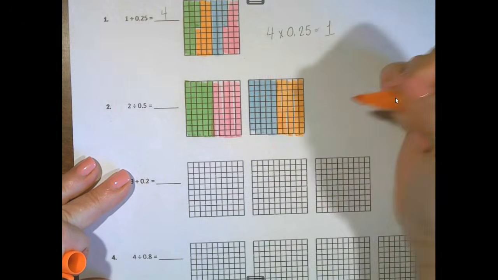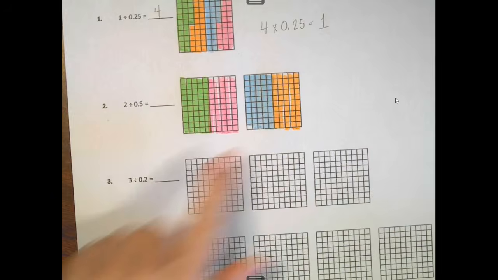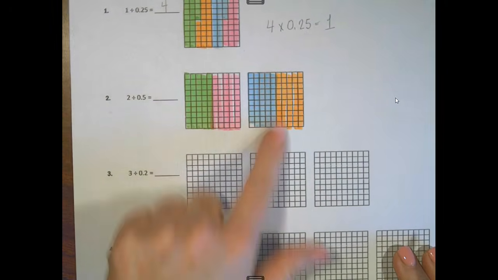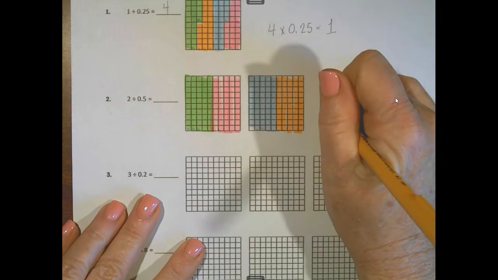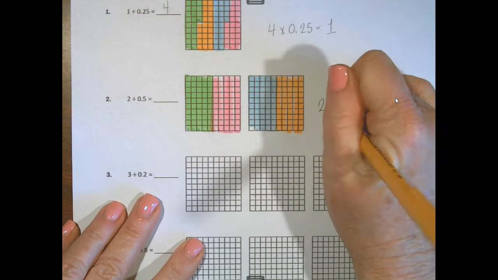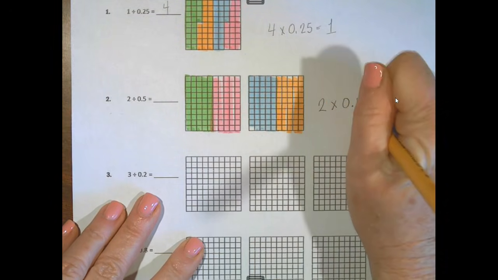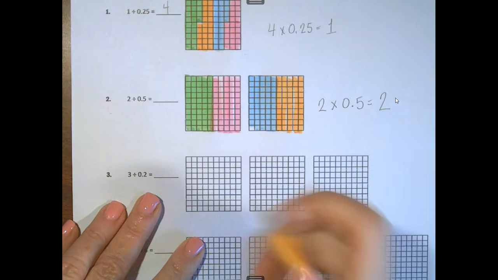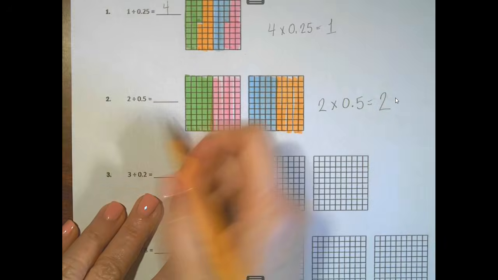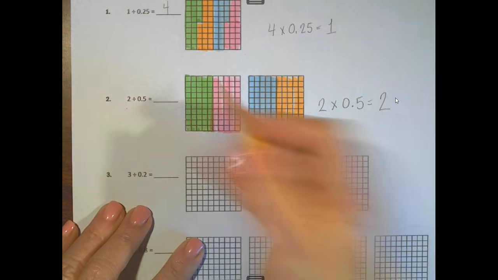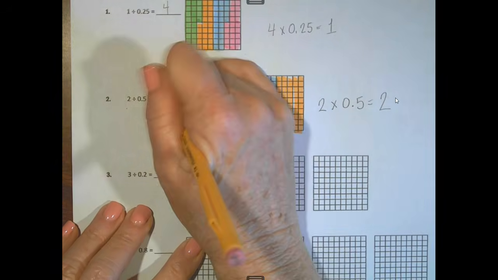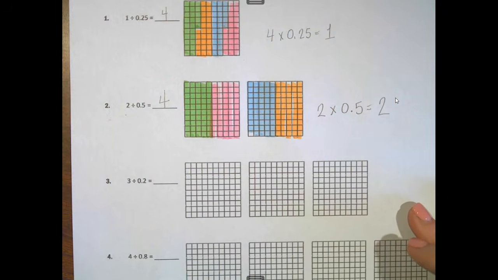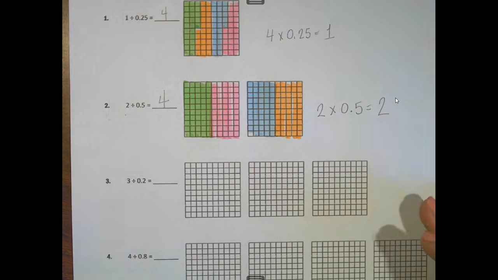When I finished, we see that there are 4 groups of 5/10 in these 2 wholes. So that related multiplication fact tells me that 2 divided into groups of 5/10, there are 4 of those groups. It's just coincidental that 1 and 2 have the same answer, or the same quotient.